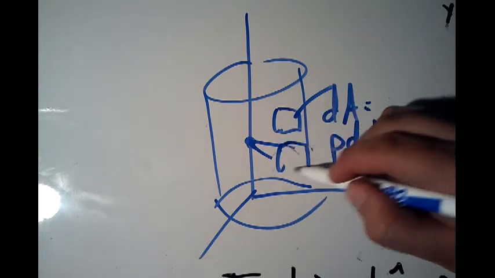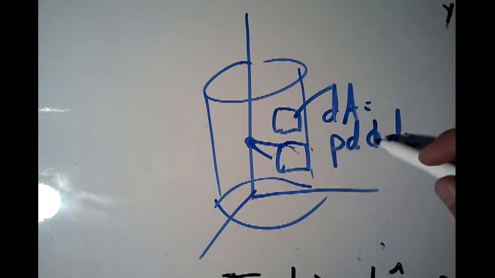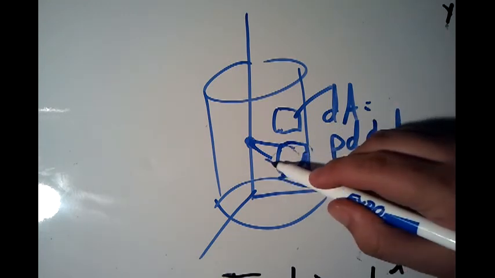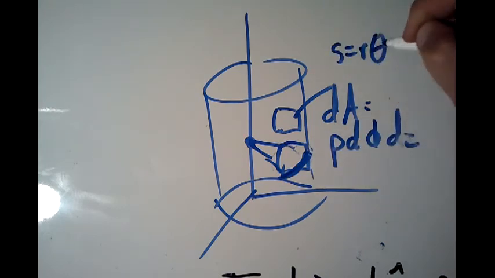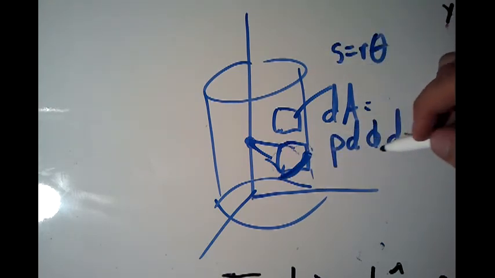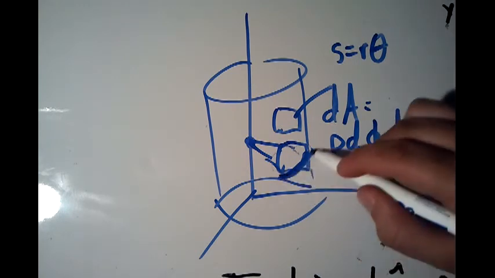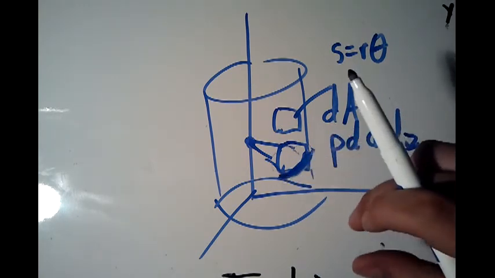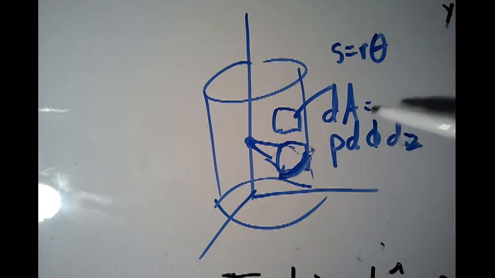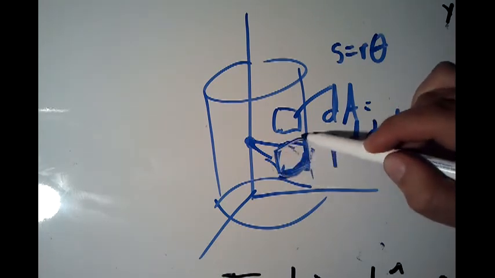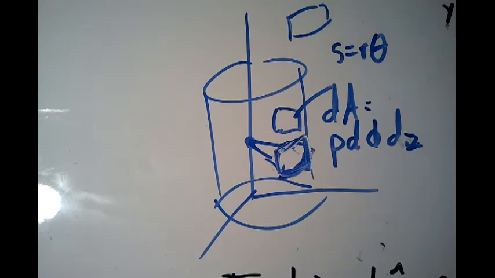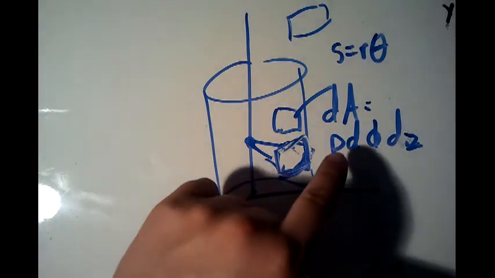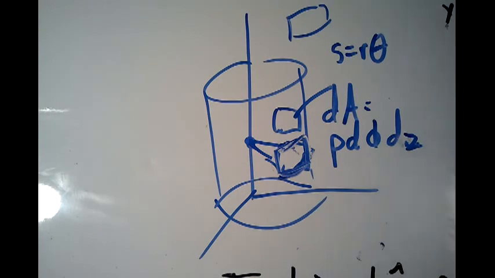If this is the patch, then rho times d phi gives you the change in the arc, because again S equals r theta, where r is rho and theta is d phi. That's going to give you the length, and even though it's curved, since it's so small, we can treat it as straight. And then dz just gives you the height. So it's as if it's a rectangle, even though in reality it's a slightly curved rectangle, but because it's so small, we can ignore the curvature. So dA equals rho d phi dz.